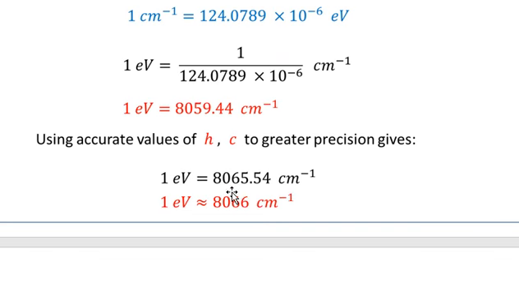If you round this value, then 1 electron volt is approximately equal to 8066 centimeter inverse. So this is the relationship that we have worked out. You can represent your spectra either in terms of electron volt, or if you want to represent it in terms of wave numbers, you can use this relationship to convert the energy.